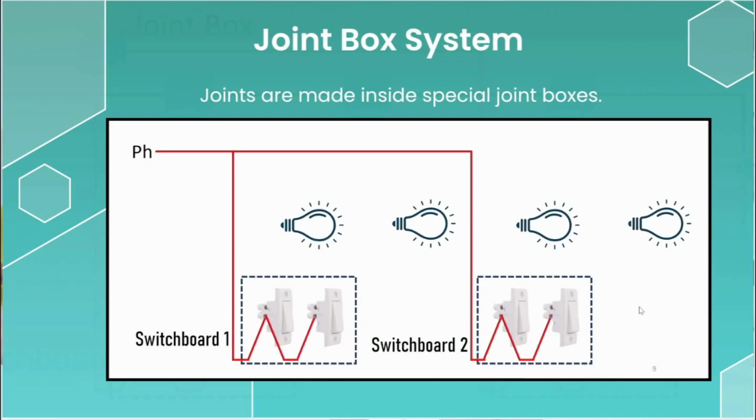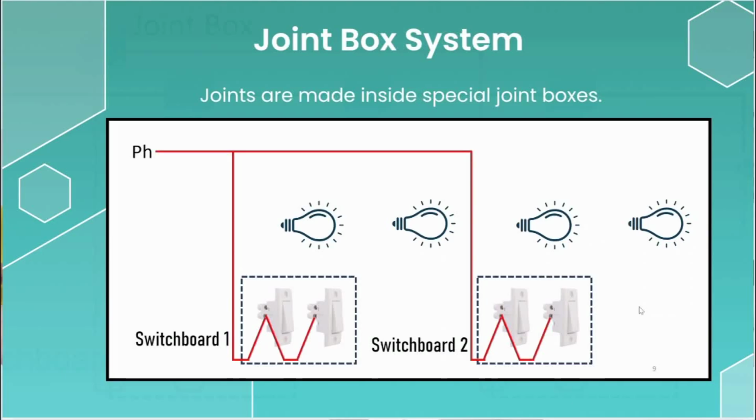As shown in the figure, a T-joint is made near the first switchboard at the main wire. From here, a phase wire branches off from the main phase wire to the first switchboard. The live wire is then connected to the first switch, and from the first switch it is extended to the rest of the switches in the first switchboard.